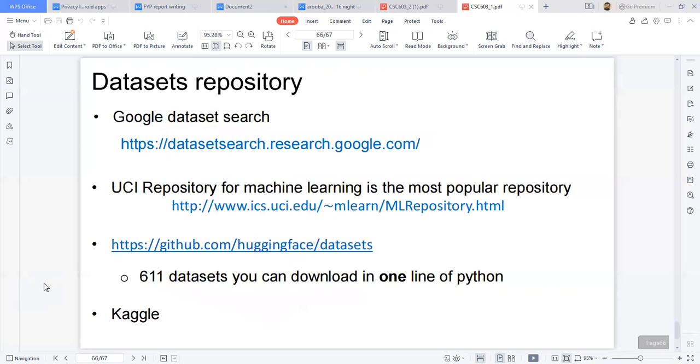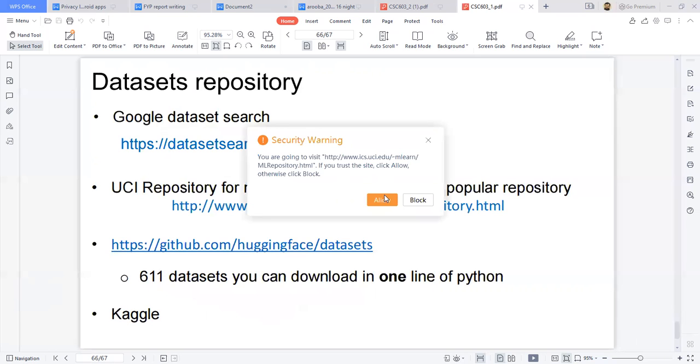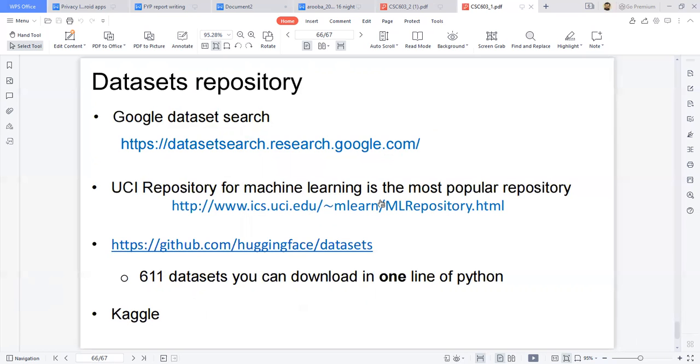Okay. So here they just said that we have different data set repositories, and you can just use any website to download some data. Okay, for example, if we just go to the UCI repository, can you see?